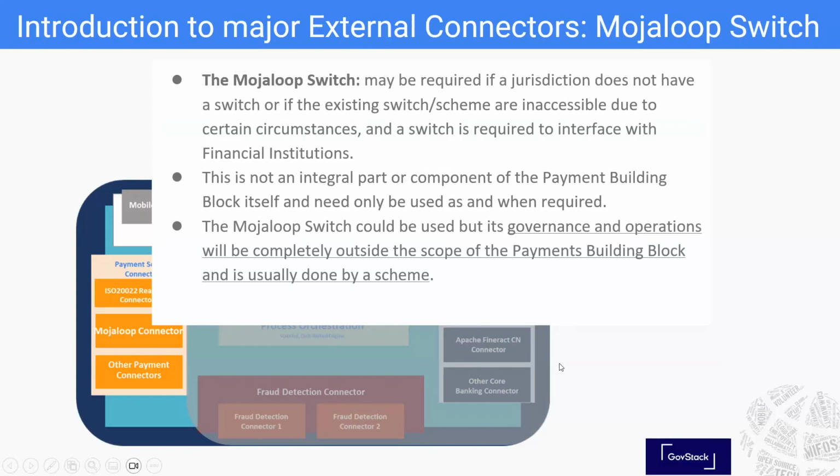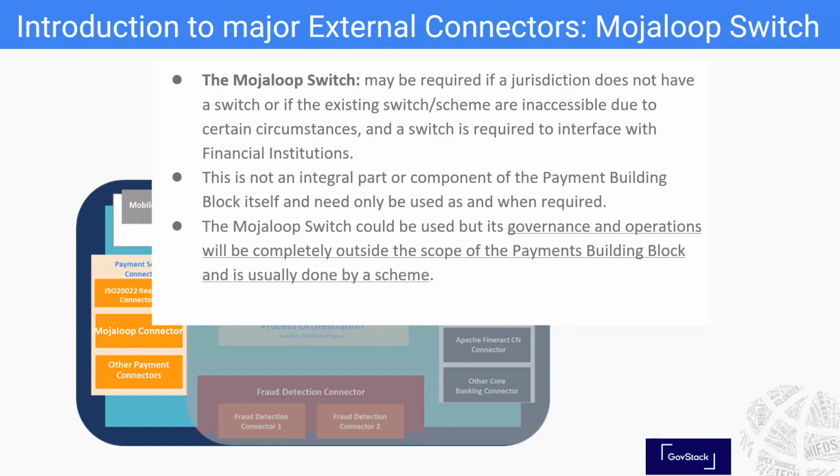The next connector we have is the connector to the Mojaloop switch. So we've just looked at that in terms of the discovery and the alias for the payment details. But the Mojaloop switch enables connection to much wider networks of payment systems.